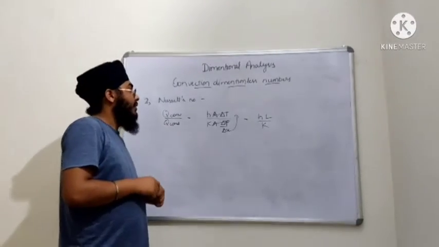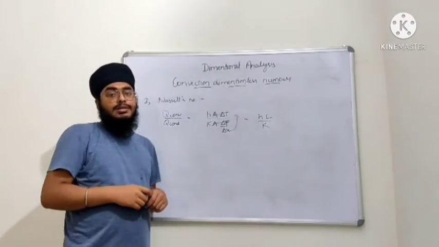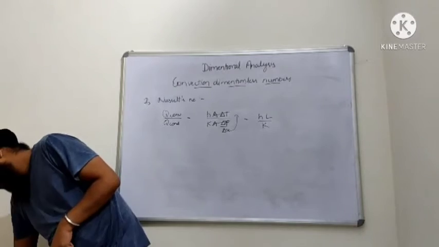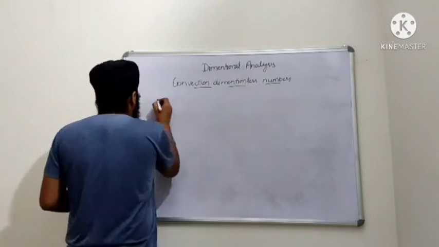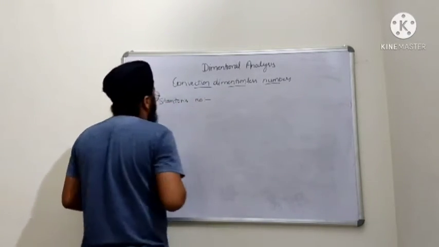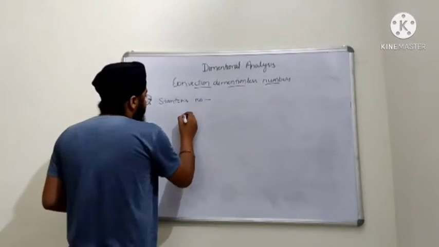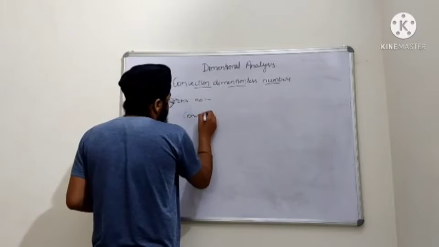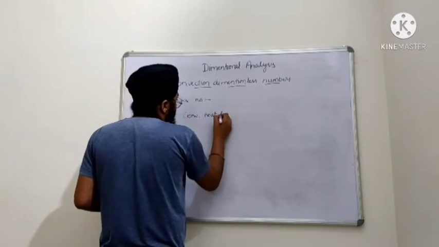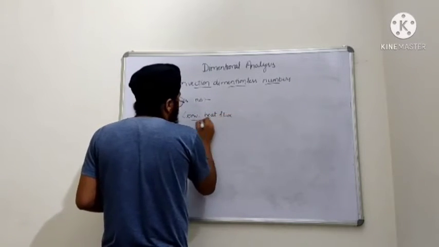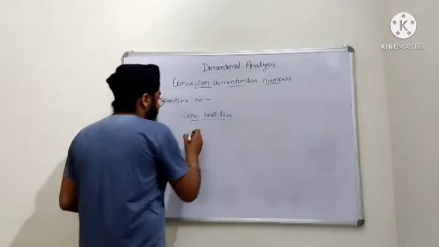Now the next number which we will discuss is Stanton's number. Now Stanton's number is defined as the ratio of convective heat flux and heat capacity of fluid.